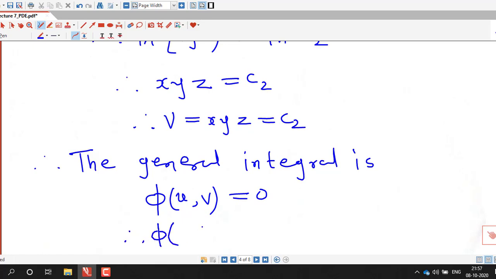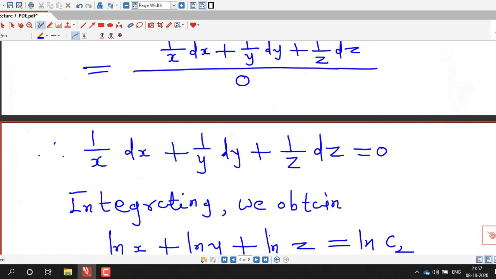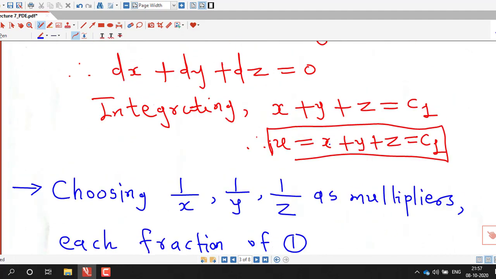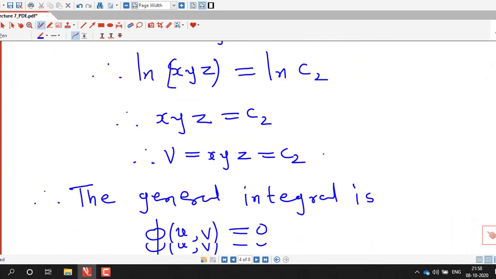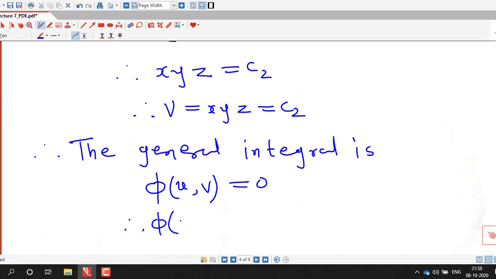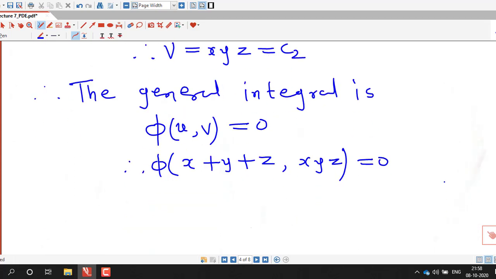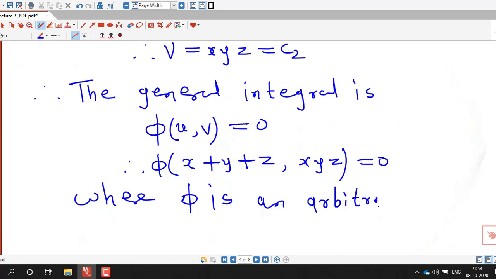Therefore phi of, what is our first integral, u equal to x plus y plus z, and the second integral is xyz. So phi of x plus y plus z comma xyz equal to 0, and we have to mention what is phi, where phi is an arbitrary function.